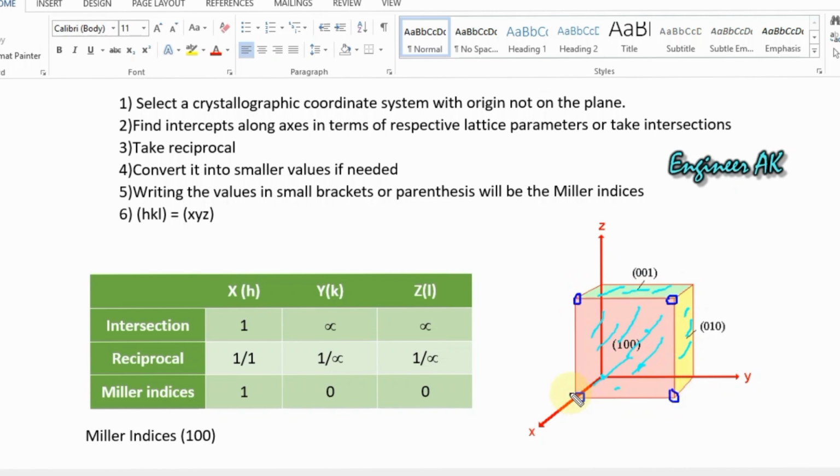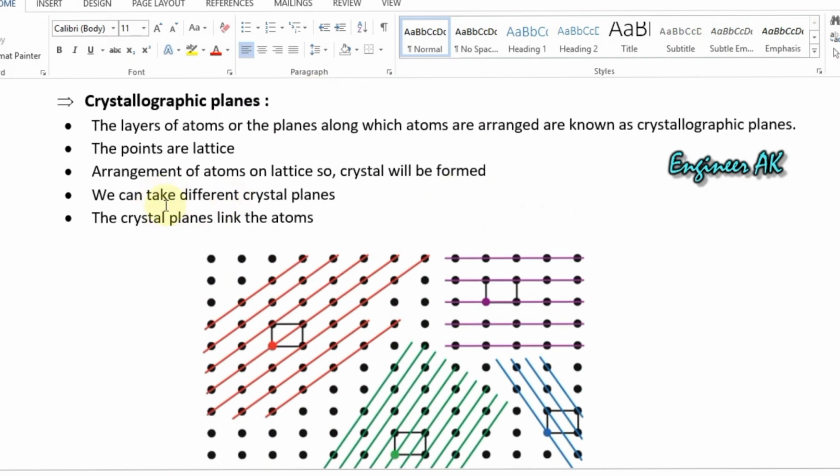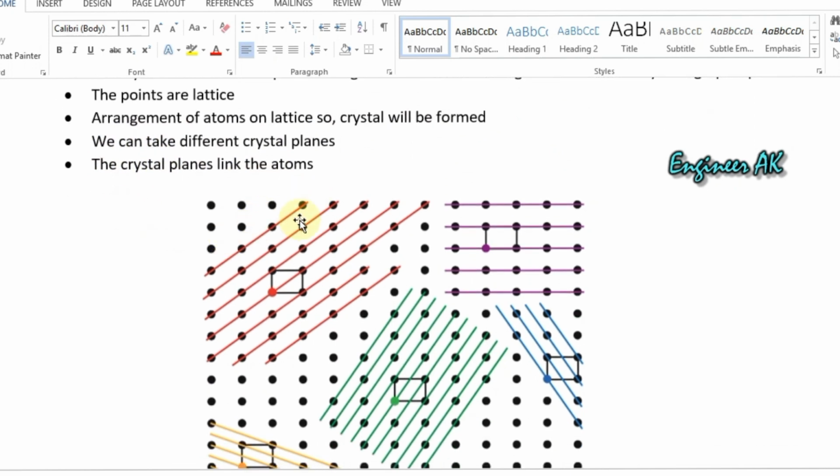As we have studied before, the crystal plane links the atoms.